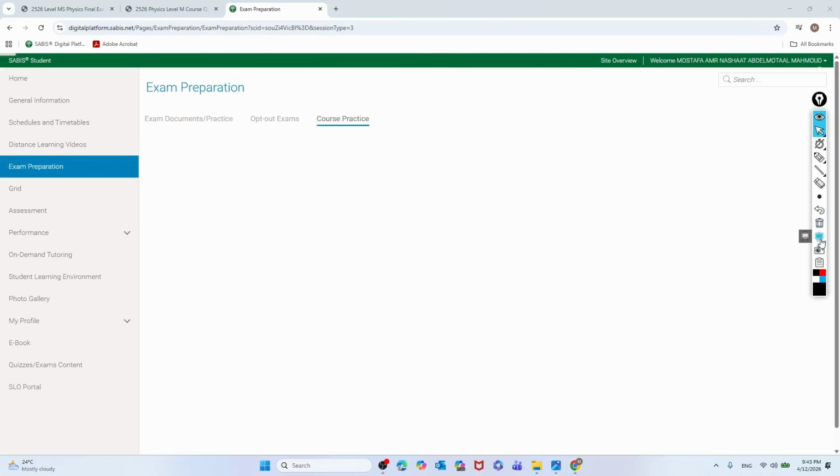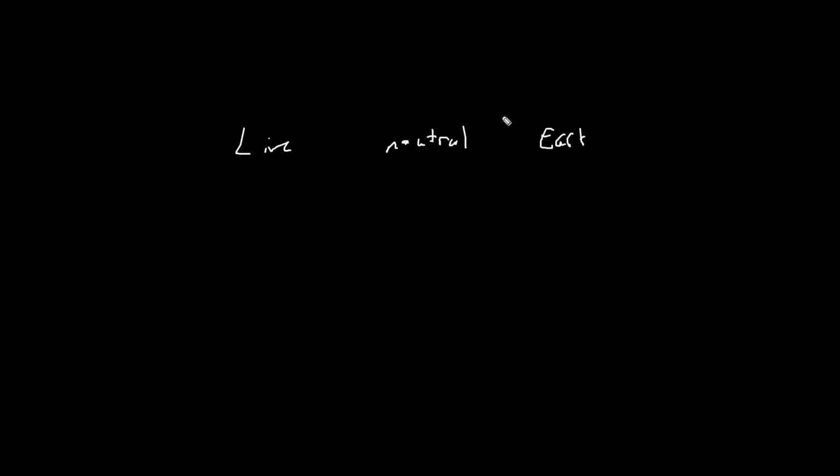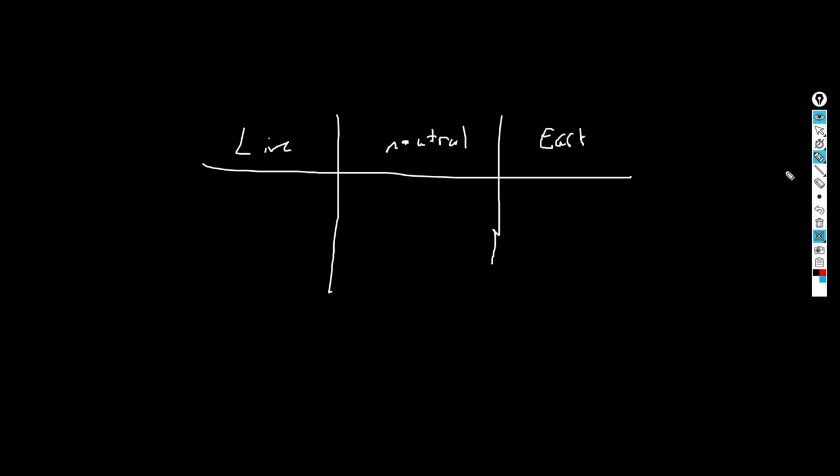Actually, one more thing before we move on to chapter 6. You need to know the live wire, live, neutral, and earth. Okay, you need to know their colors and what they do.